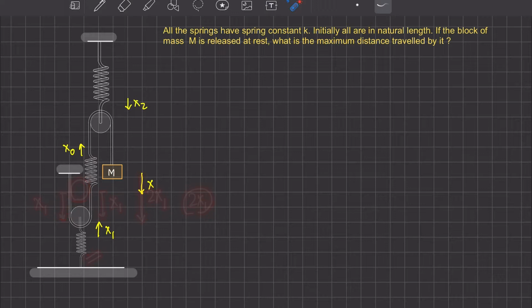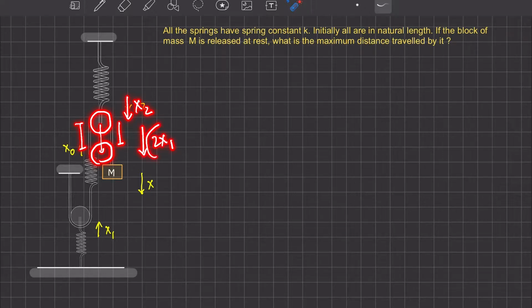And the exact same concept we can apply for this pulley also. If this spring moves down by distance x2, then the pulley will go down by distance x2. Hence, on both sides, there will be 2x2 amount of string which will be loosened, and they will add up to the block.